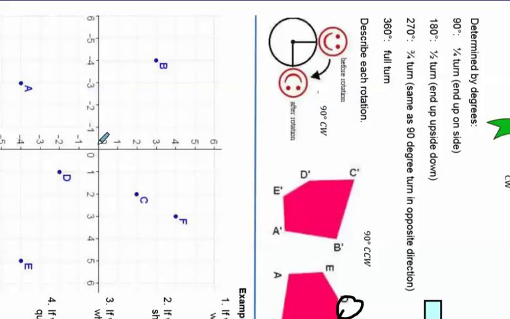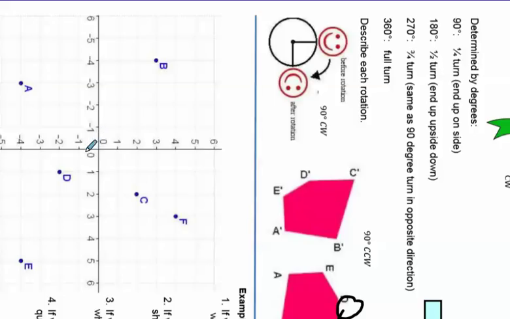I'm going to start at the origin, and I'm thinking, to get to A, am I going to move right or left? Counting from the origin, we move left: 1, 2, 3, 4. I move left 4, and then am I going to move up or down? I'm going to move up: 1, 2, 3.